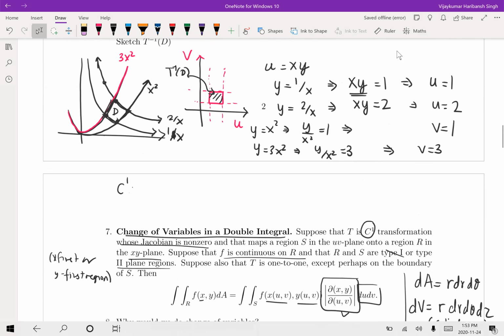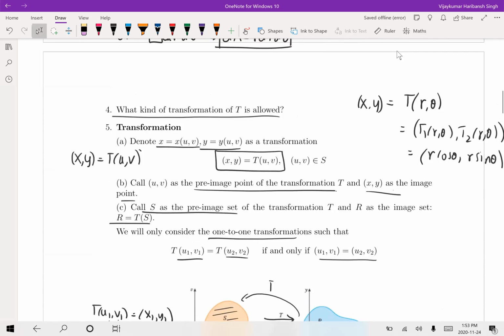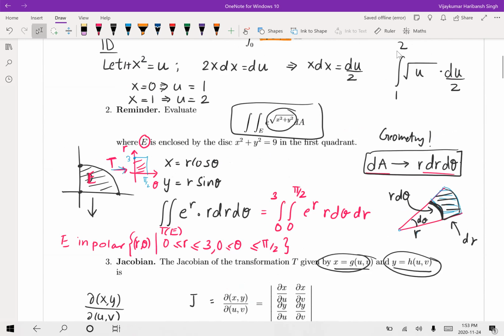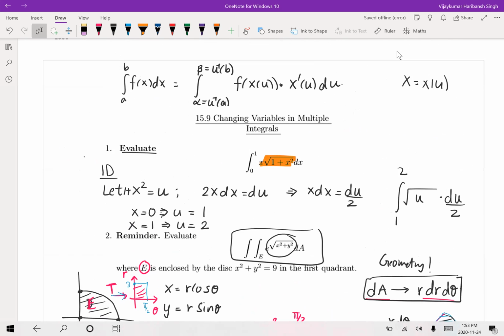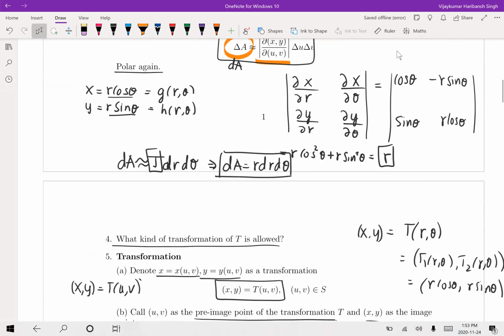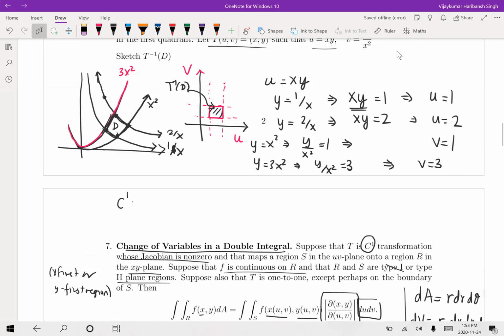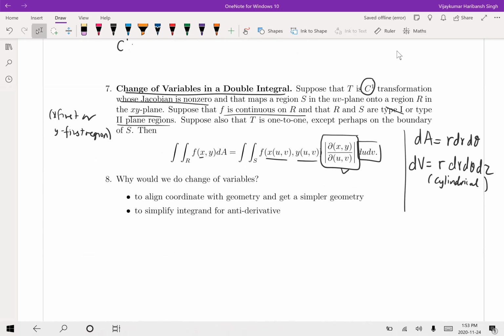All right, so this is the idea behind change of coordinates, or transformations, changing variables in the multiple integral. Question: why do we need to do this? Well, we need to do this so that we can align the geometry and get a simpler geometry. For example, suppose this is a circle of radius 3.